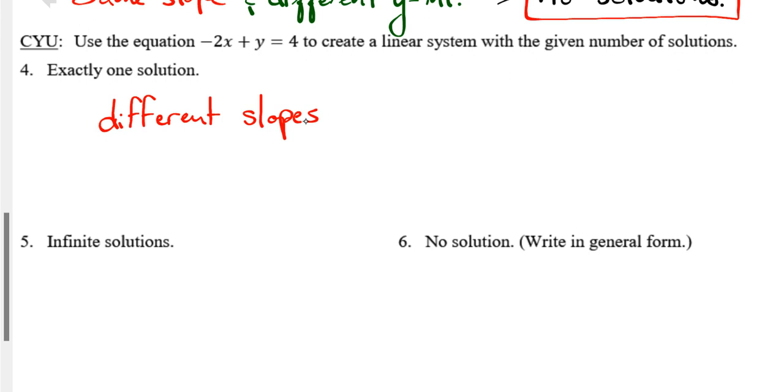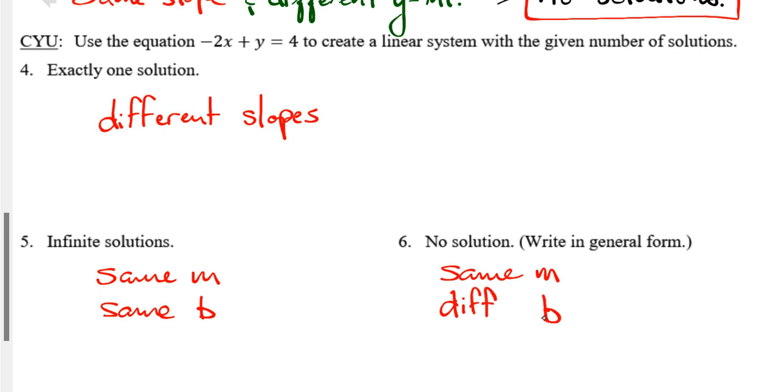Number 5, infinite solutions means same slope and same y-intercept. And for no solution, you will have the same slope, but different y-intercepts.